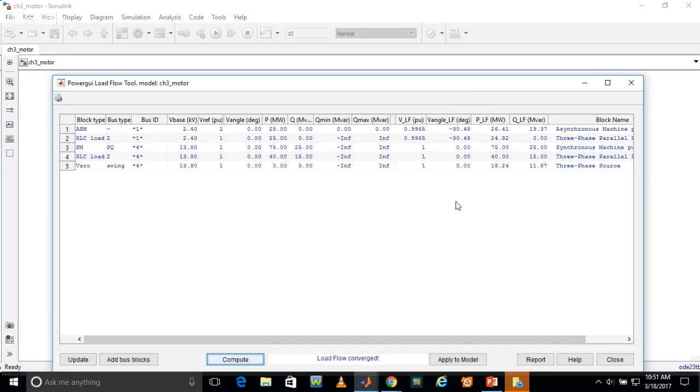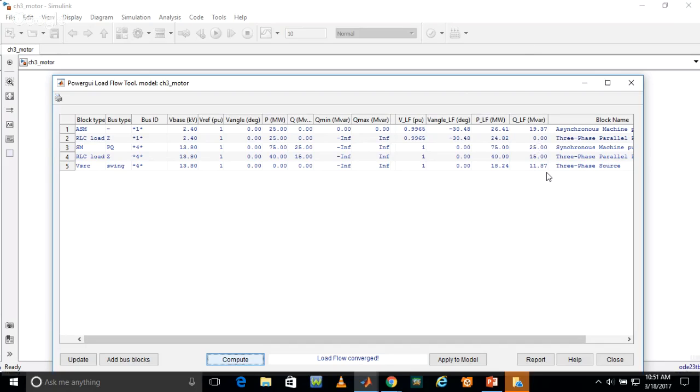Similarly, how much is the swing bus providing? Right now, it's not given where we have put the parameters. We didn't know how much megawatt or reactive power the swing bus was giving. By computing it, we have shown that the swing bus is providing 18 megawatt active power and 11.87 MVAR reactive power to the whole system.